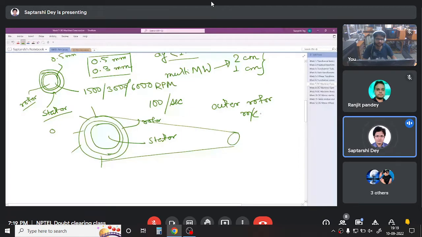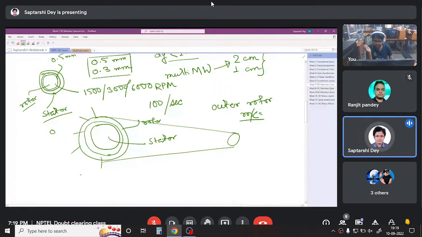Now see, if you talk in terms of operation, how the machine works. Say you have a DC motor. In DC motor, normally what we have is the field winding on the stator and the armature winding on the rotor. Okay, that we have conventionally.